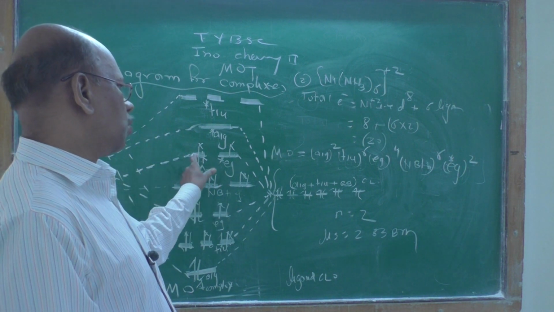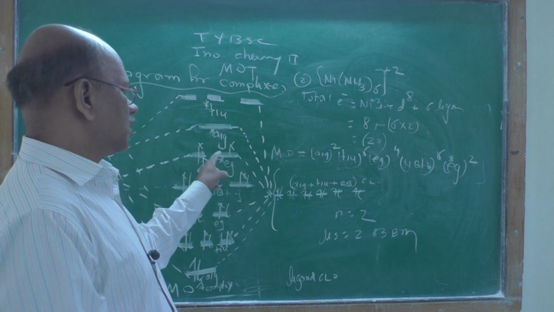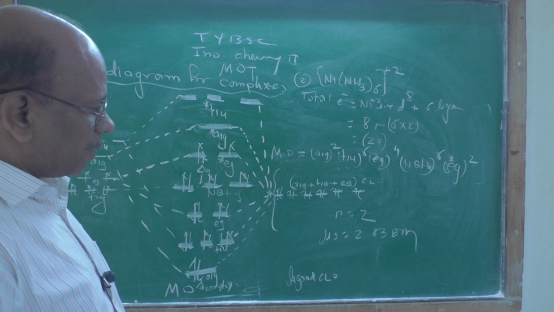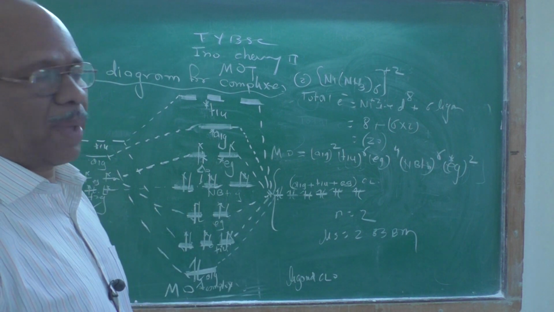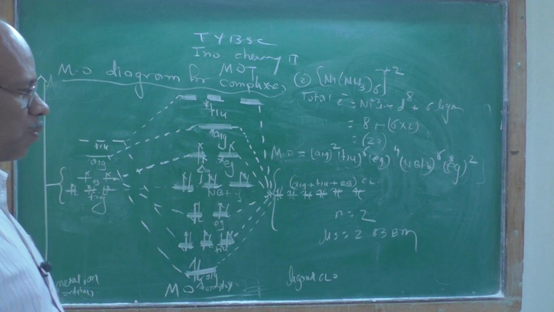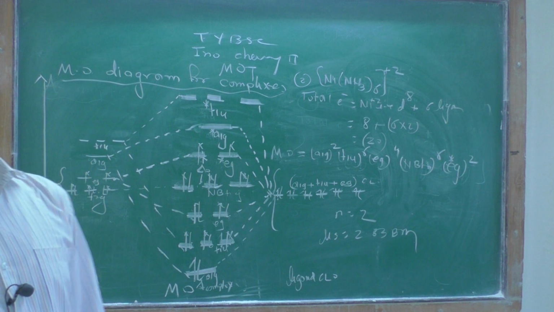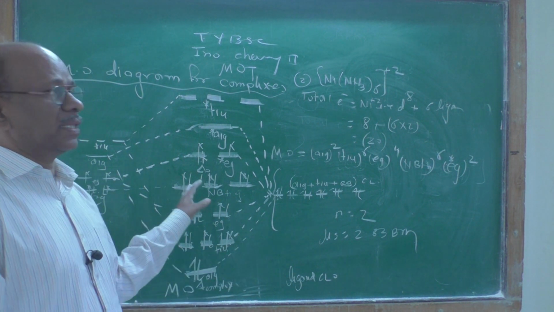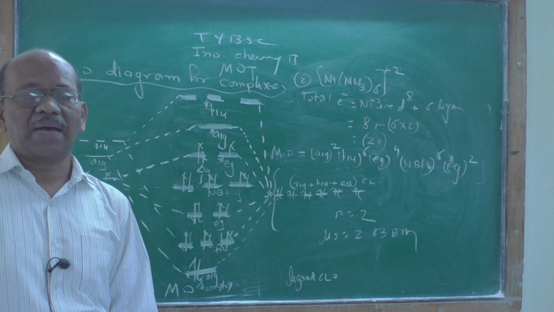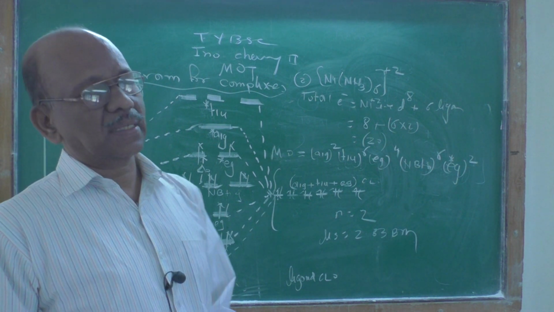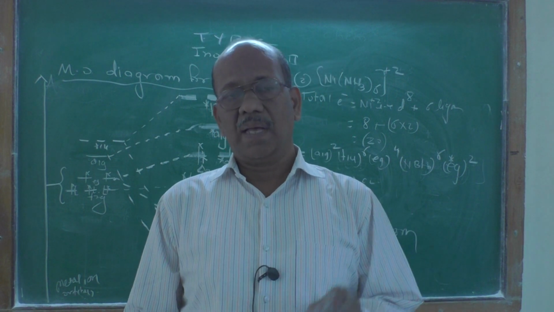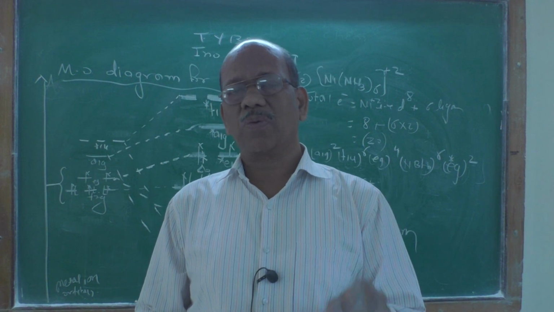So unpaired electrons are 2, and that's why the complex is definitely paramagnetic, having magnetic moment 2.83 Bohr magneton. The first example is hexaaquatitanium(III), a d1 system, hence total electrons become 1 plus 12, 13.